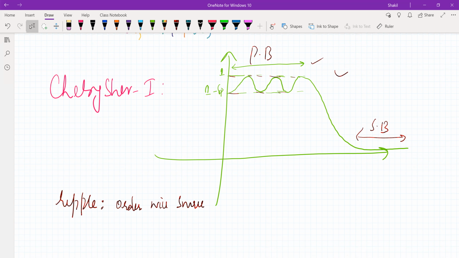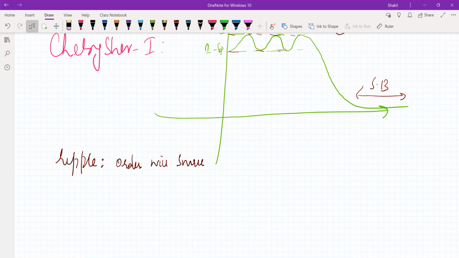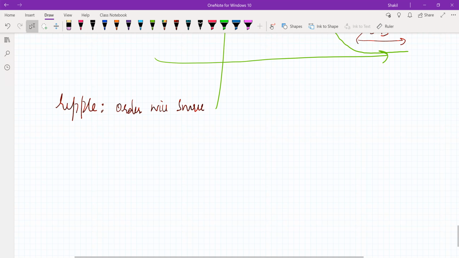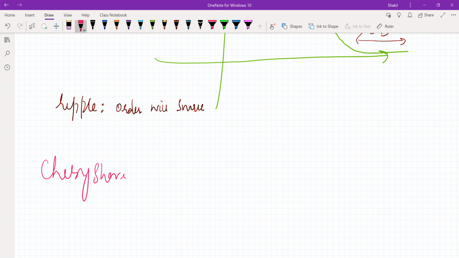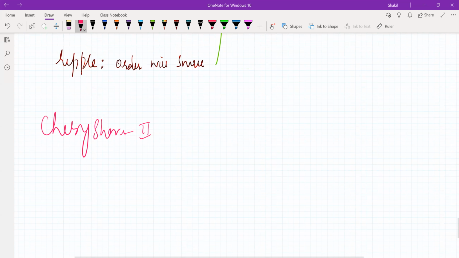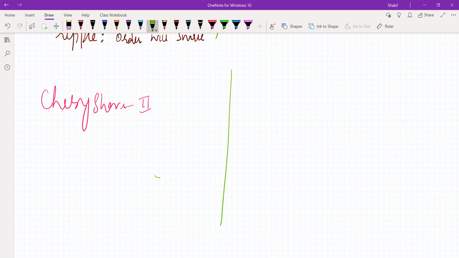Same way, if we allow this ripple to be present in the passband, the order will be smaller compared to the Butterworth filter. Now, the Chebyshev type 2 filter allows the ripple in the stop band, meaning the frequency response is flat in the passband, but in the stop band it allows a ripple.